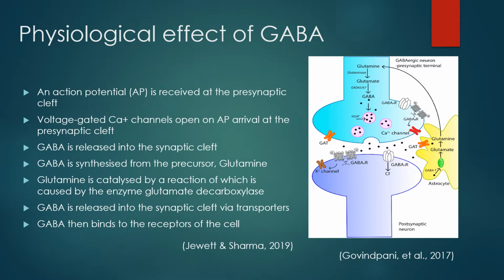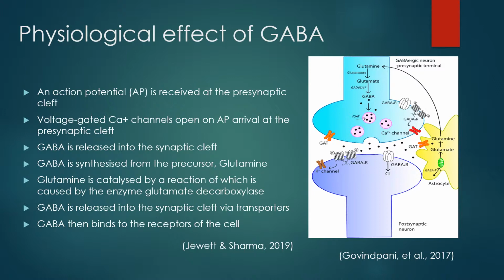GABA is an amino acid that acts primarily as an inhibitory neurotransmitter within the central nervous system and is involved with respiratory rate. For GABA to be released into the synaptic cleft, an action potential must be received at the presynaptic cleft. In the cytoplasm of the presynaptic nerve, GABA is synthesized from the precursor glutamine.